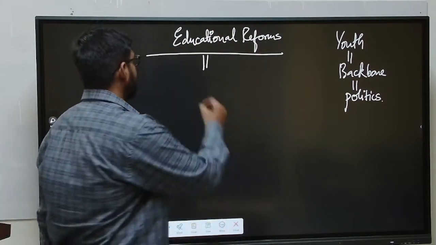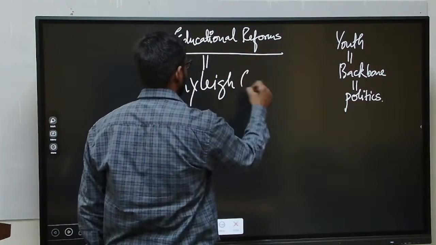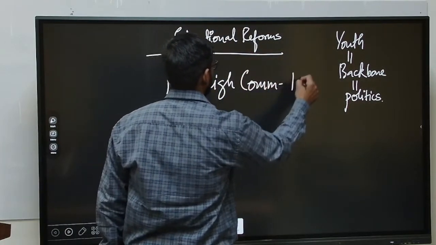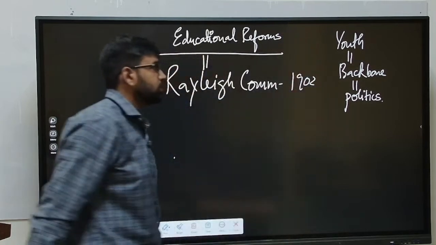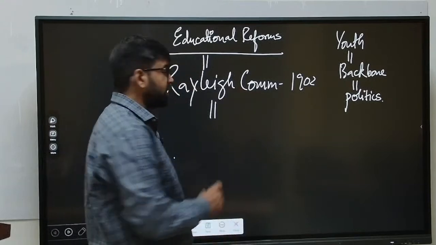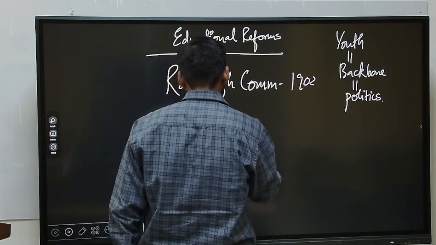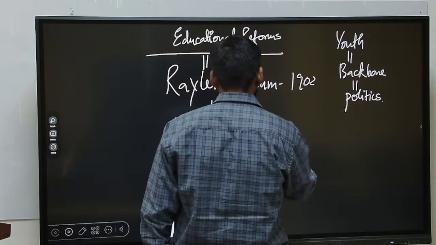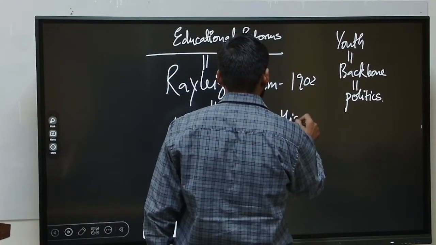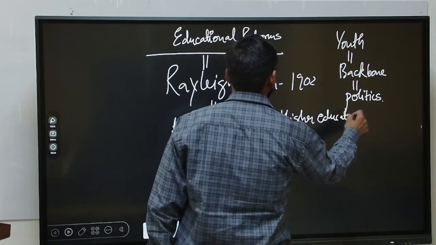So he appointed the Raleigh Commission in 1902. This commission was appointed by Lord Curzon to review Indian higher education.